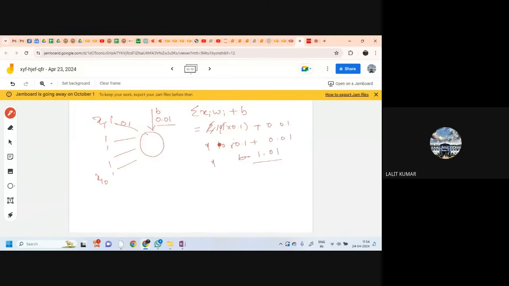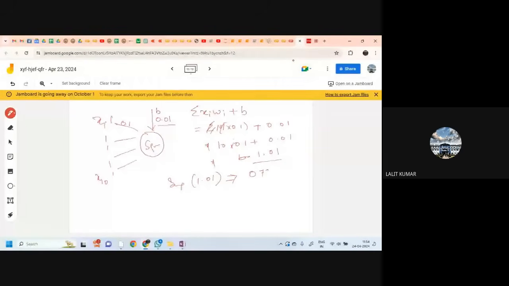And here they are using sigmoid in the question. Take the sigmoid of 1.01. Does anyone know its value?